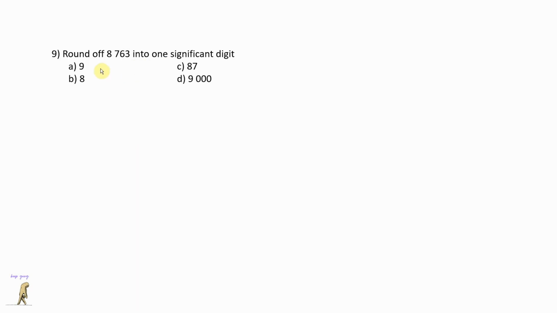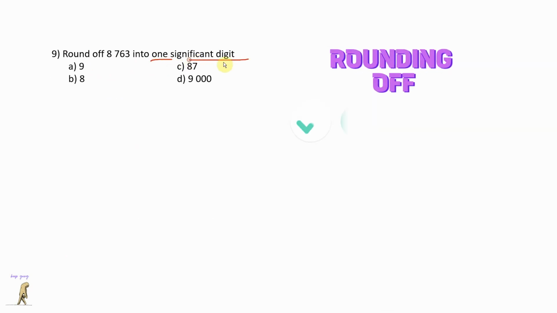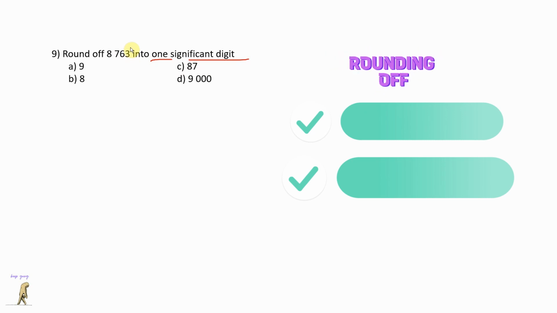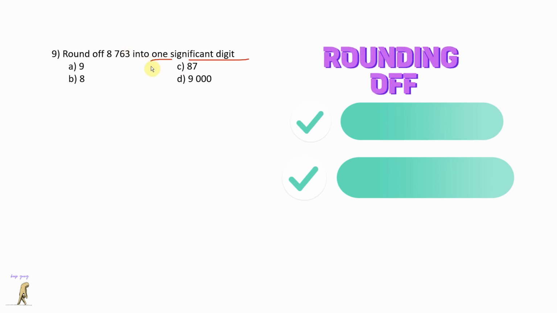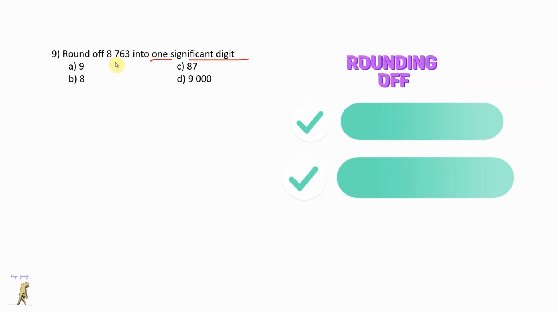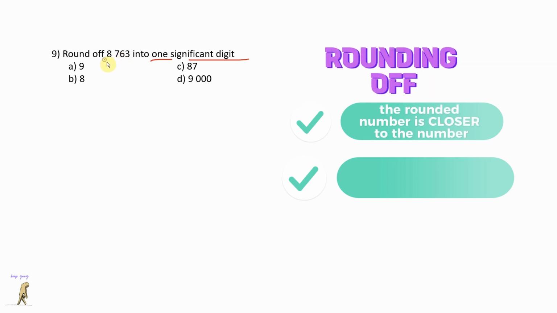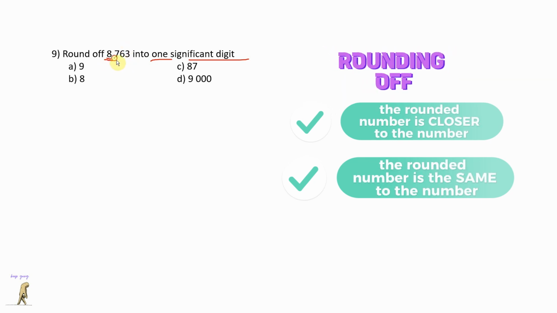Next, number 9, we need to round off this specific number to one significant digit. Every time we round a number, we need to know that the rounded number is closer to the number that we have, okay? As we see, this is the only significant digit that we have, and we have 7 here. So what we need to do is round up here. We're gonna put 9, but it is not yet our specific number.